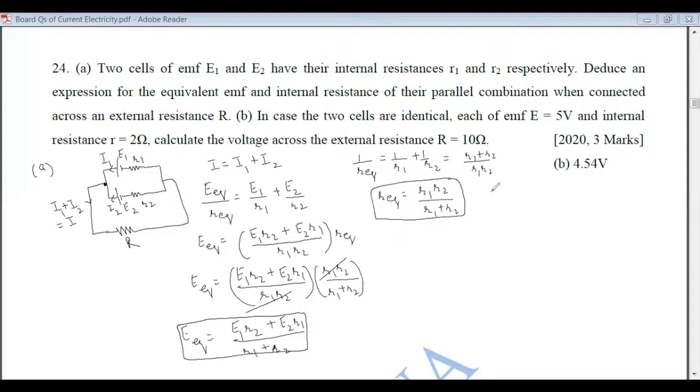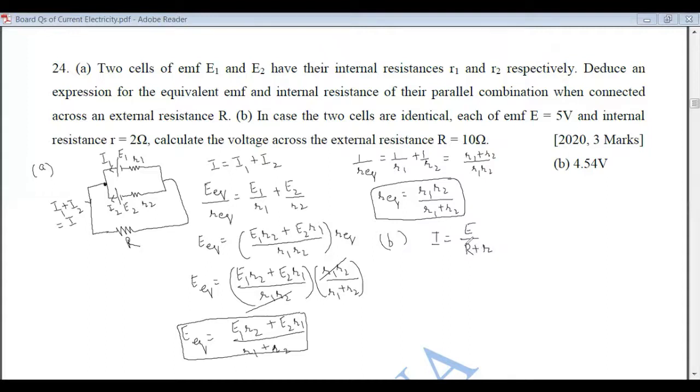Now the B part is: in case the two cells are identical, each having an EMF 5 volt and internal resistance 2 ohms, calculate the voltage across the external resistance where capital R is equal to 10 ohms. Here we know that the current will be equal to the equivalent EMF of the circuit upon the total resistance.